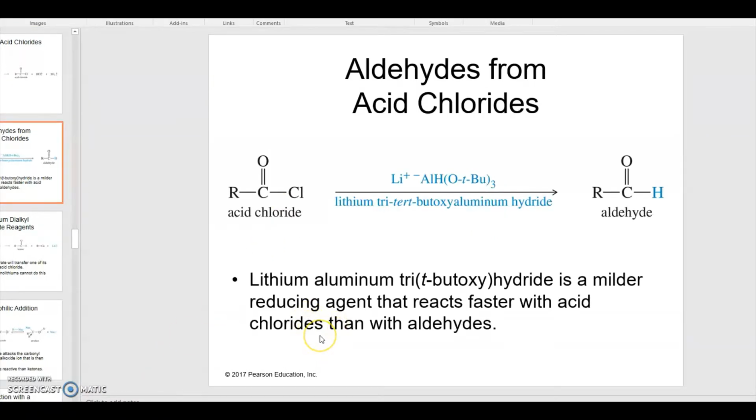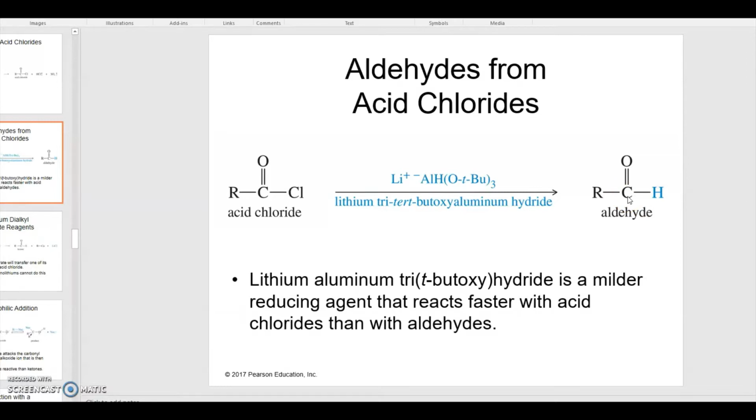In the previous slide, we learned how to synthesize acid chloride. Now, we're going to be looking at how to change acid chloride to aldehyde. Again, you can reduce the acid chloride to aldehyde, but in order to do it, you need to use a mild reducing agent. Because lithium aluminum hydride, as was mentioned in previous slides, is a strong reducing agent, and it will change the aldehyde completely to alcohol.